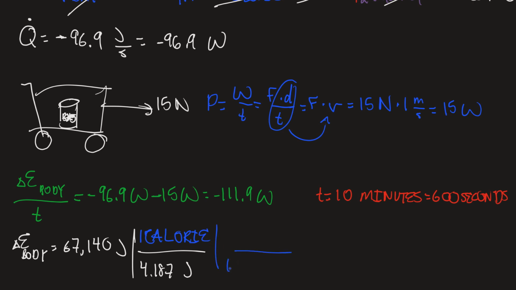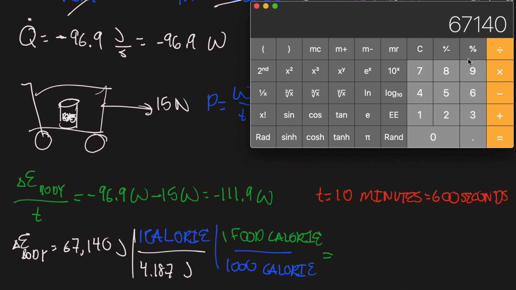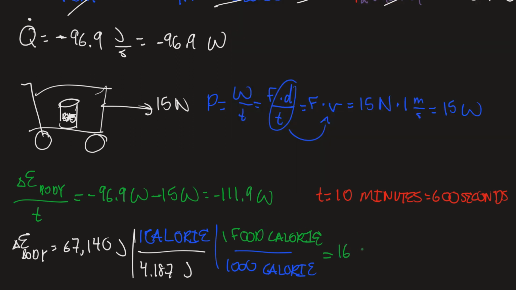And we saw in the last part that 1,000 chemistry calories was equal to a single food calorie. And this, we'll pull out our calculator, divide by 4.187 and divide by 1,000, gets us about 16 food calories.